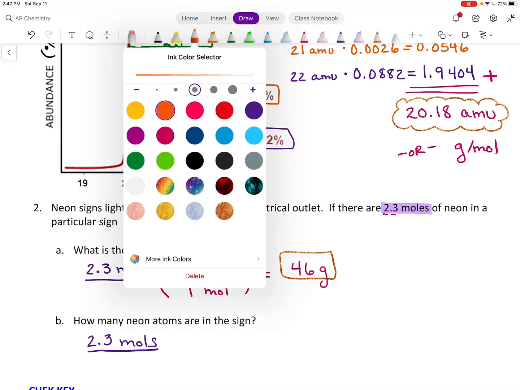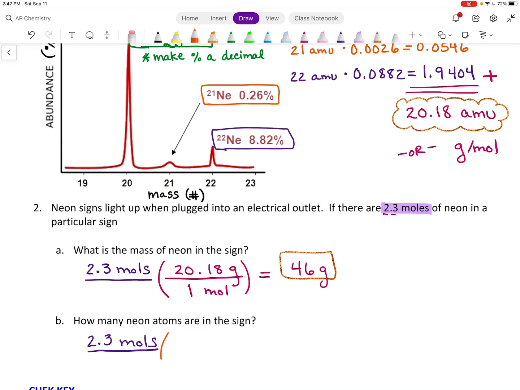So now we're going to plug in 6.022 times 10 to the 23rd atoms for every 1 mole of any substance. Again, let's round to 2 significant digits since we started with 2 sig figs for the number of moles, and we should get 1.4 times 10 to the 24th atoms.